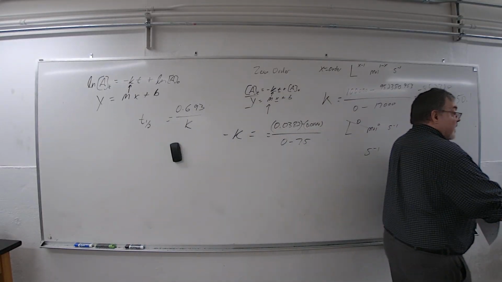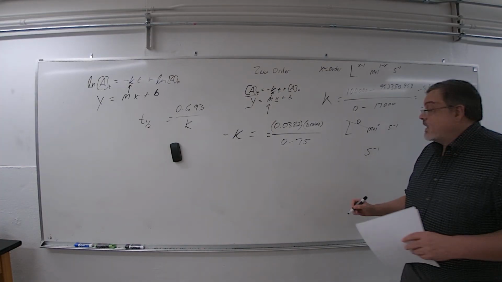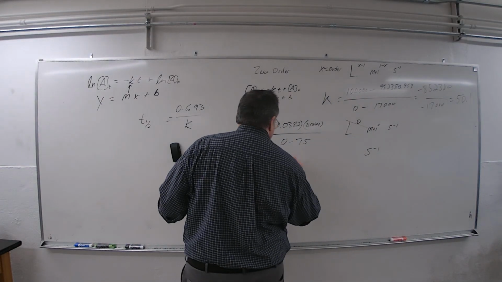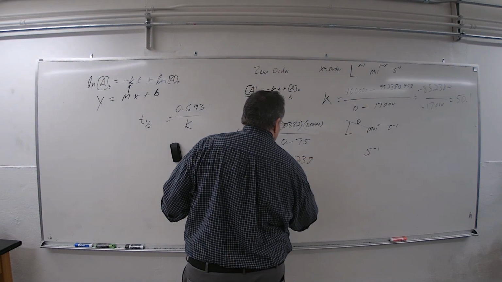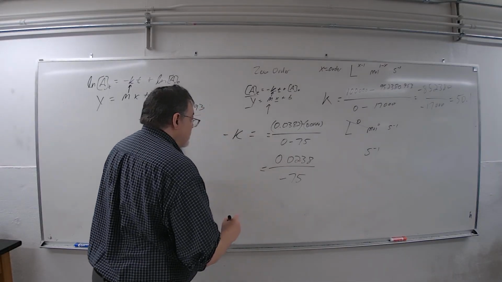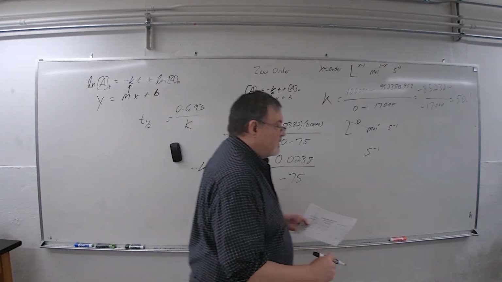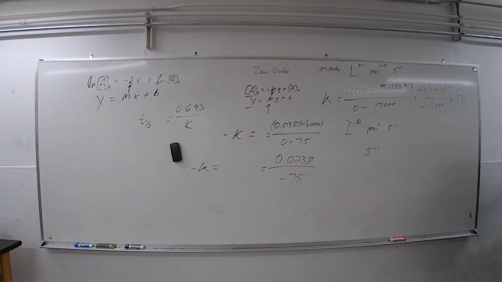And I got for the numerator 0.238, and this will be negative 75. So negative k equals that divided by negative 75.